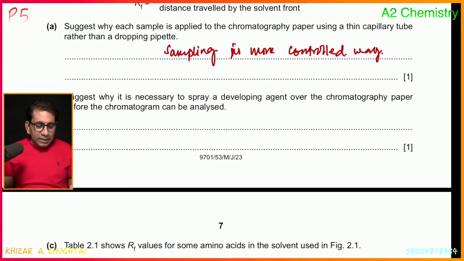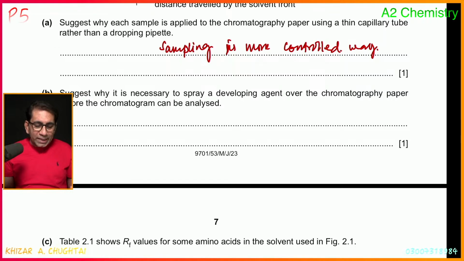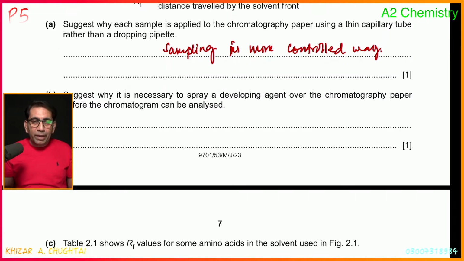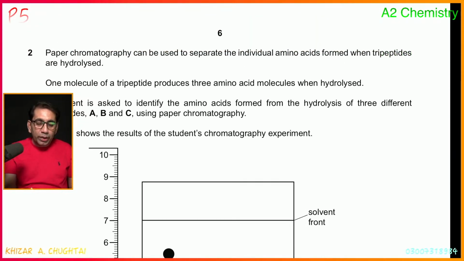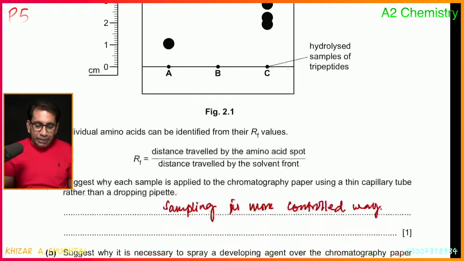Part B suggests why it is necessary to spray a developing agent, or locating agent, over the chromatography paper before the chromatogram can be analyzed. As you have seen, we are going to analyze amino acids, and they are invisible compounds.